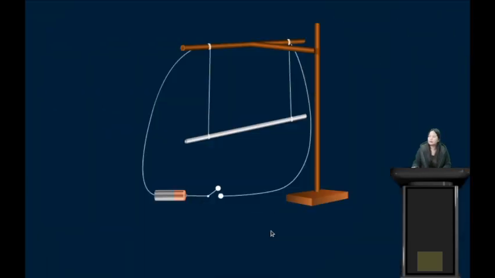Now, do you know what will happen if we hang a current carrying conductor like this and pass current through it? In our previous class we have seen the different magnetic field lines produced by different shaped conductors.